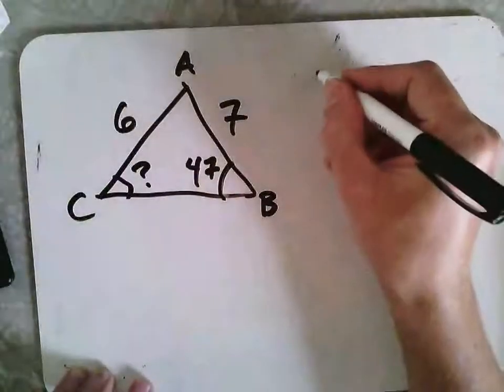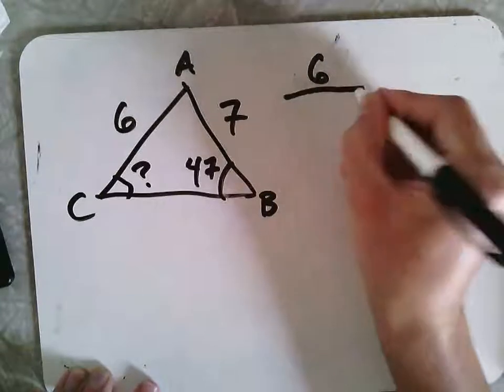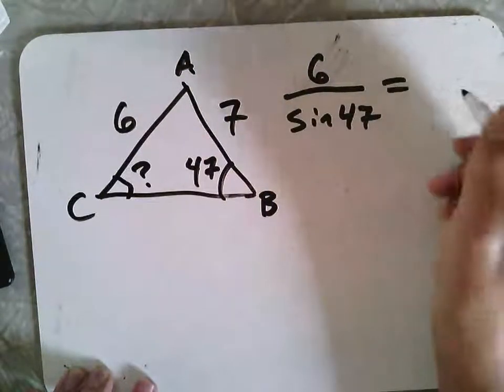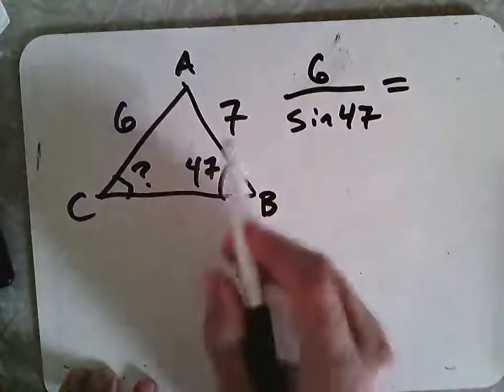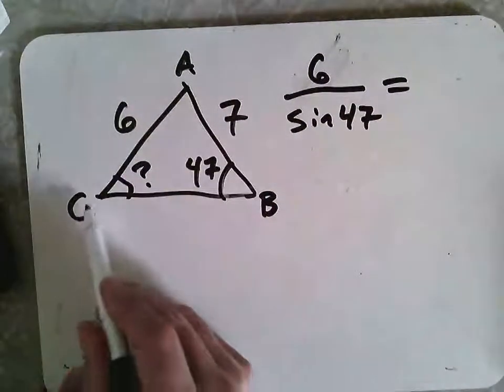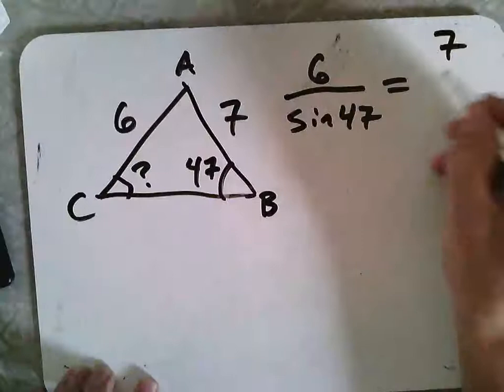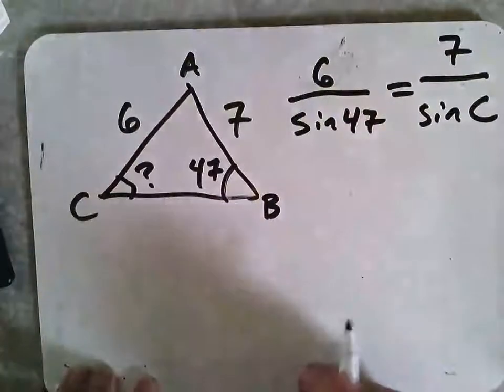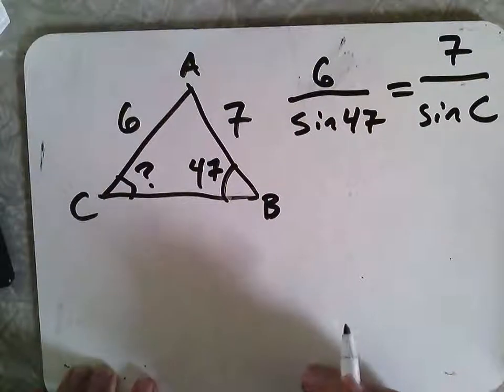So I put that in as 6 over the sine of 47 equals 7 over the sine of angle C. Okay, now it's all set up.